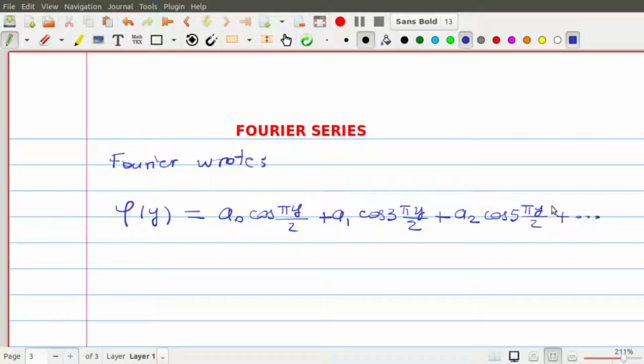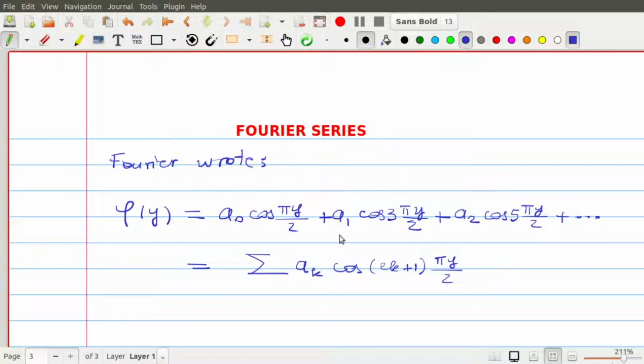So you can see already that this is a series in terms of cosine. We can rewrite this as a sum of a_k cosine (2k plus 1) pi y by 2.